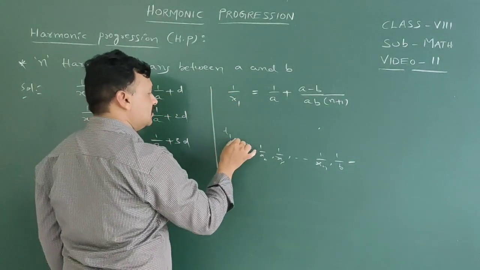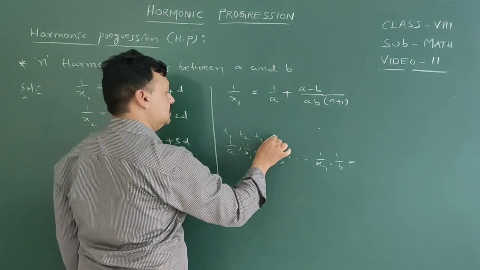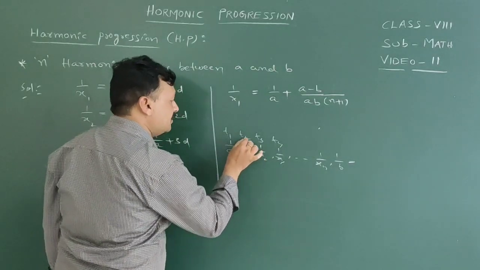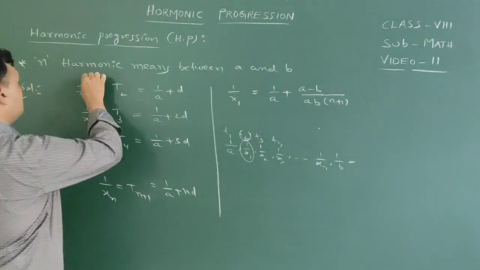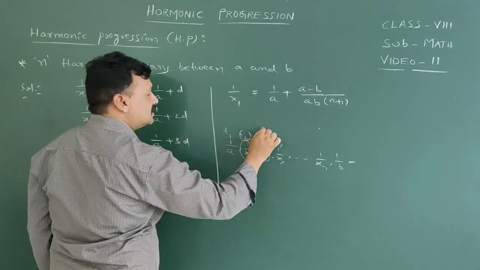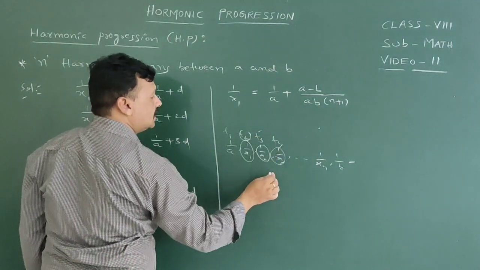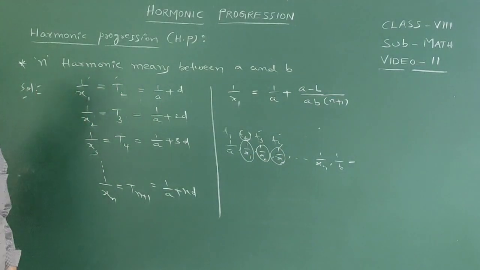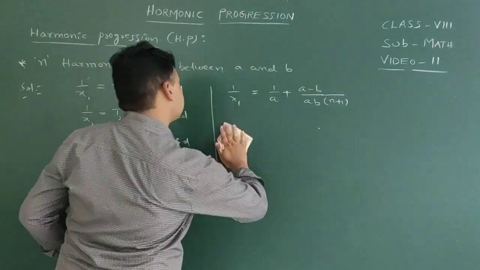Now this is the first term, this is second, this is third, this is fourth. First mean is second term, second mean is third term, third mean is fourth term. Because we are inserting, already we have one term. That's why it becomes like this.